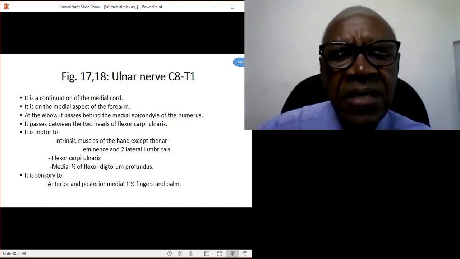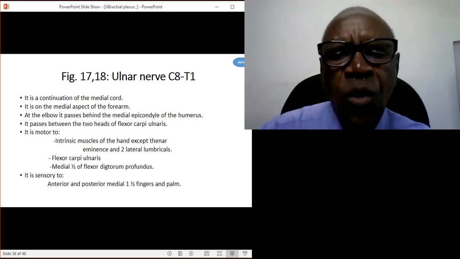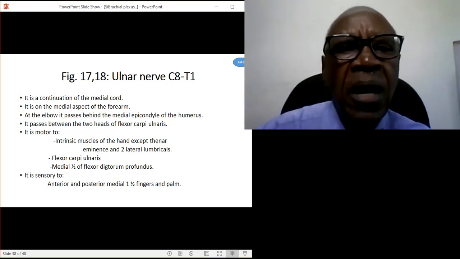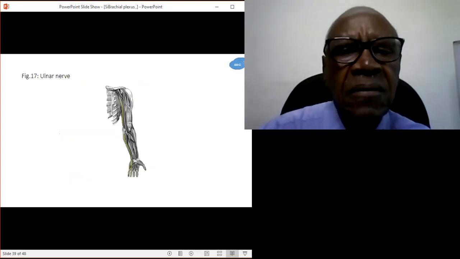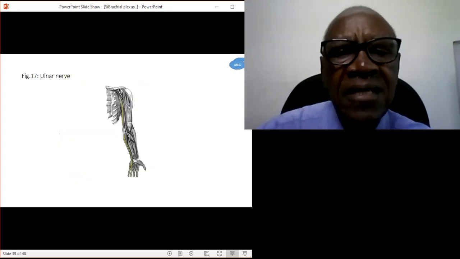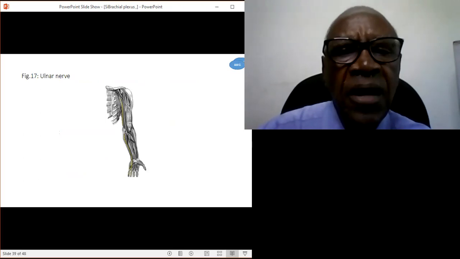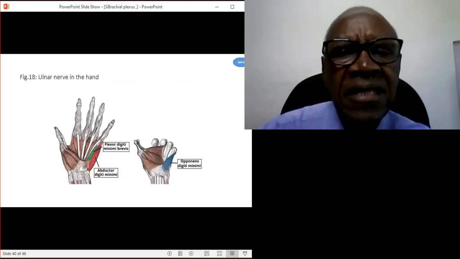It is sensory to the anterior and the posterior medial 1.5 fingers and the palm. Slide 17 shows the ulnar nerve. Slide 18 shows the ulnar nerve supply in the hand.